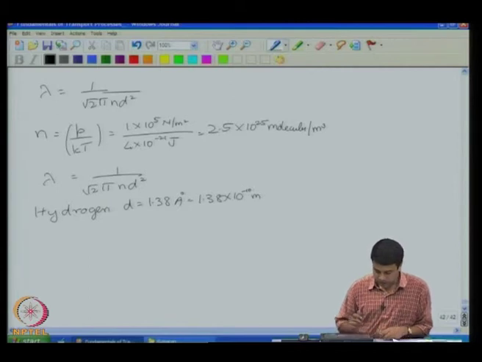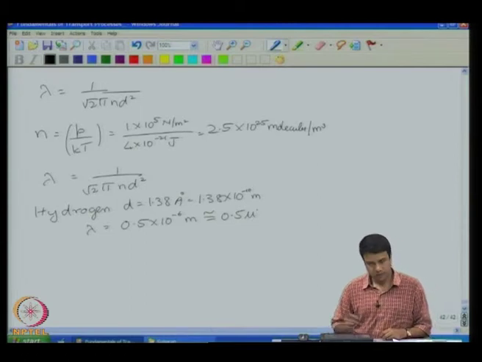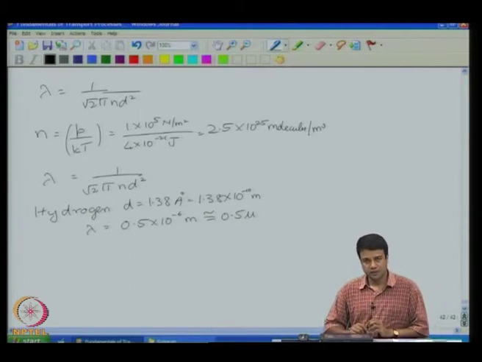Using this in the formula, I get the mean free path equal to 0.5 into 10 power minus 6 meters, or approximately 0.5 microns. 1 micron is 1,000th of a centimeter. So, this is approximately 1 micron, which is about 1,000th of a centimeter.